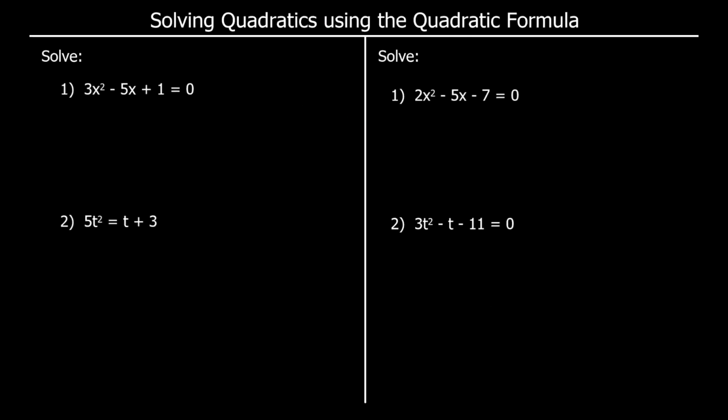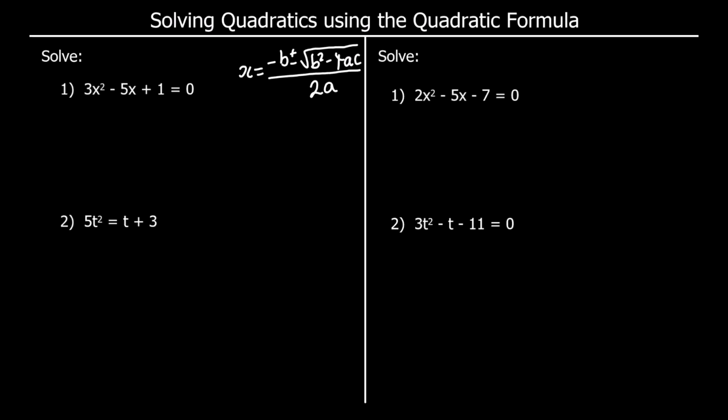We can also solve quadratics using the quadratic formula. The quadratic formula says that x is equal to negative b plus or minus the square root of b squared minus 4ac, all over 2a. So a is the number before the x squared.